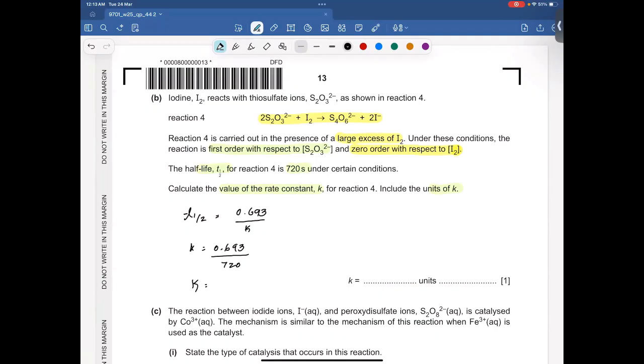So K value is going to be how much? 9.625 into 10 to the power minus 4. And the unit is going to be second inverse, because ये हो जाएगा 1/2. Okay, तो second inverse हो जाएगा.